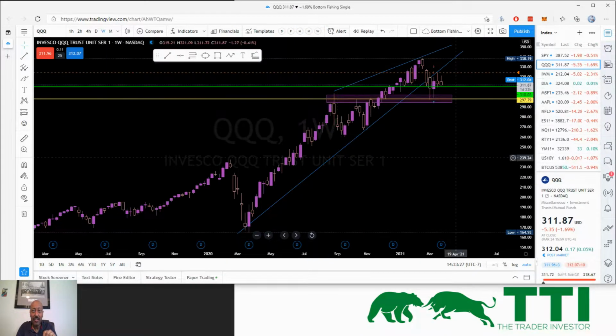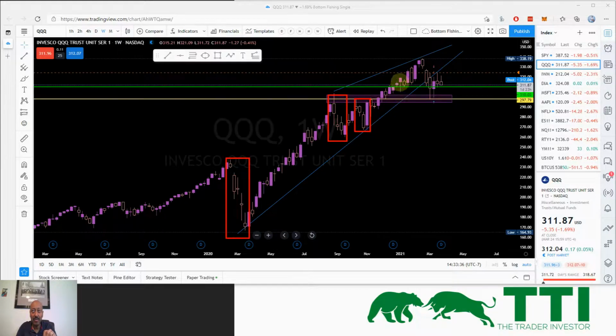And again, as you can see, here are pullbacks, pullbacks, pullbacks, pullback, pullback. So every time frame has a pullback. But here, the overall trend, even though it's an uptrend, my trend line is broken, and we're going into a consolidation area from that broken trend line.